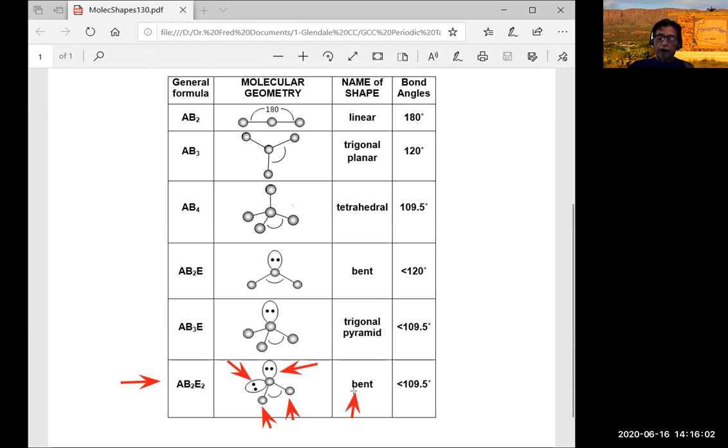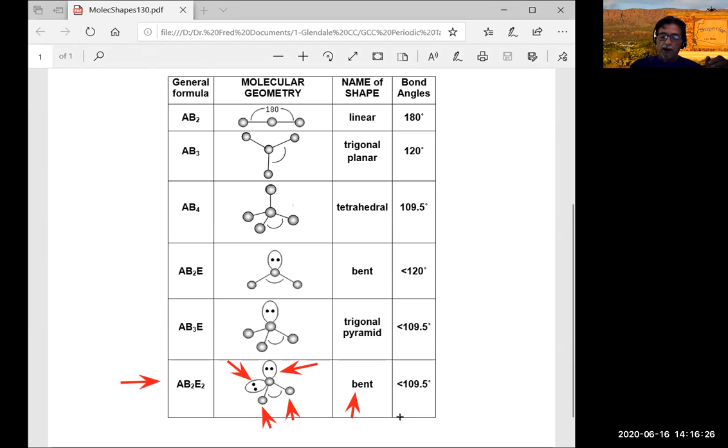Okay, now think about this for a second. There are 2 lone pairs on the central atom of oxygen. So there's a total of 4 electrons there with a negative charge. They repel from each other because they're negative charge. The result is that bond angle between the 2 hydrogens gets squished in.